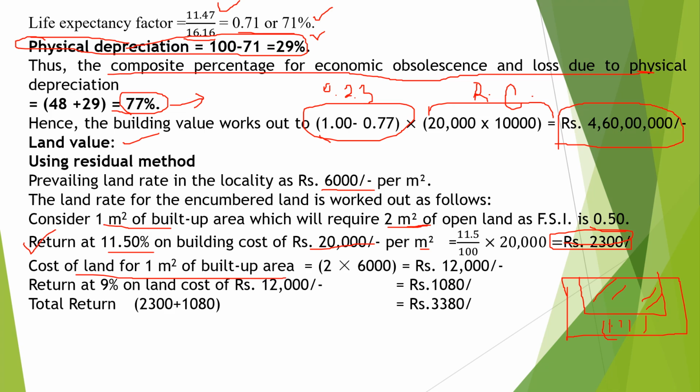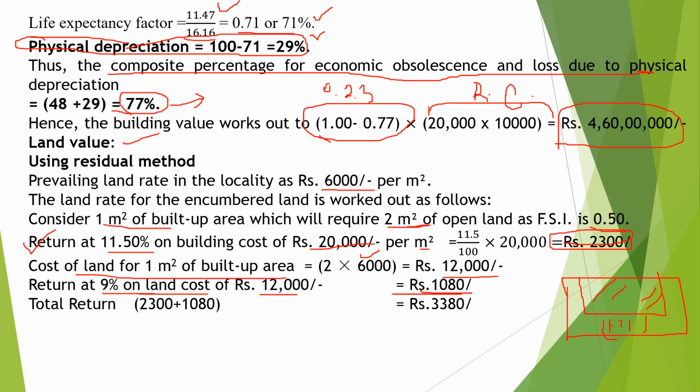Cost of land per square meter is 6,000, so the cost of land per square meter of built up area comes out to be 12,000. Assuming a return of 9% on the land cost, on 12,000 you need a return of 1,080.